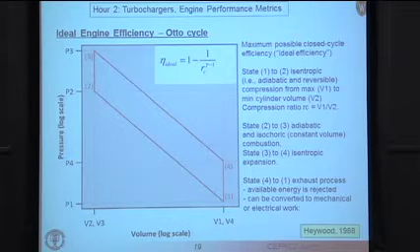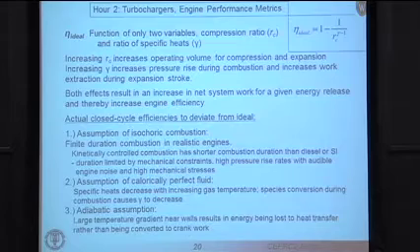And if you analyze this relatively simple analysis, just looking at the thermodynamics of the energy equation, you can show that the ideal efficiency depends on the compression ratio, R sub C, and gamma, the ratio of the specific heats, as shown on this figure here. So that's the ideal Otto cycle.